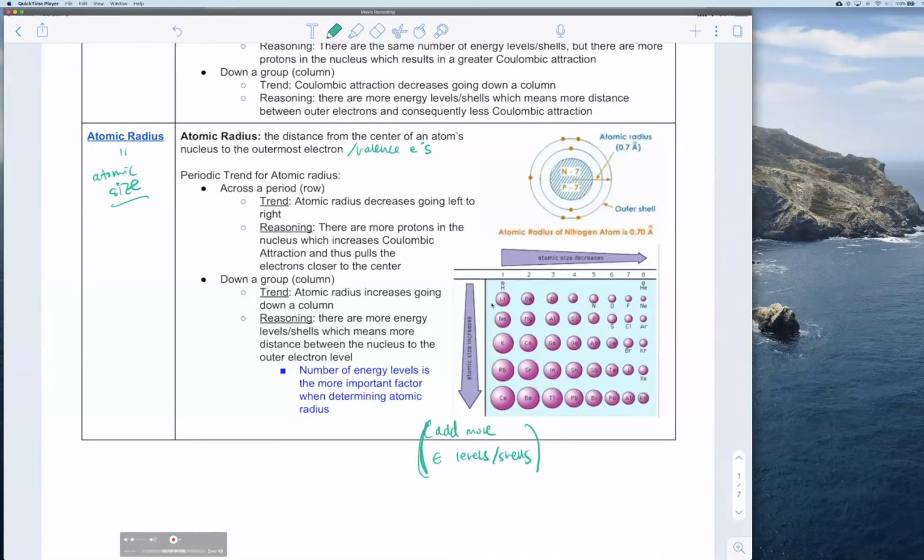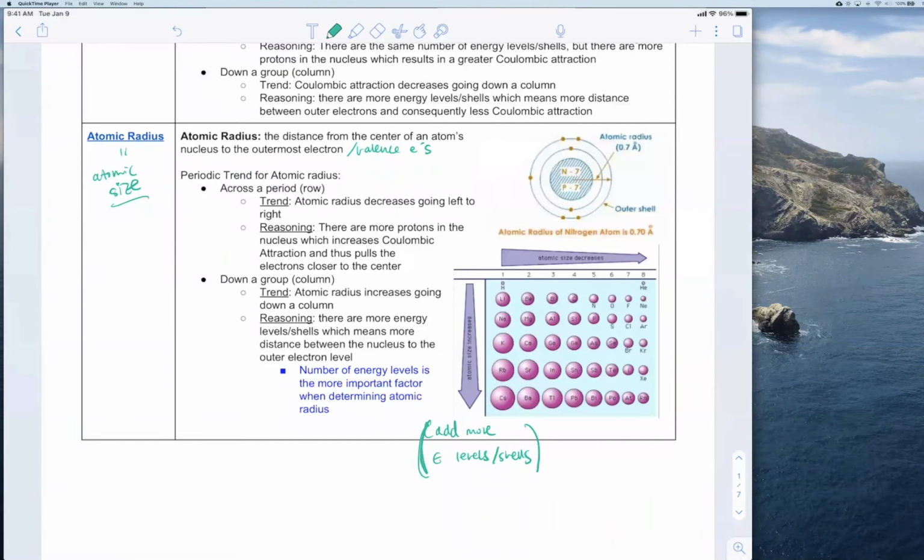Lithium and beryllium, or lithium and fluorine, technically have the same number of energy shells. So you would assume your atomic radius stays the same. But what you actually see is your atomic radius decreases.